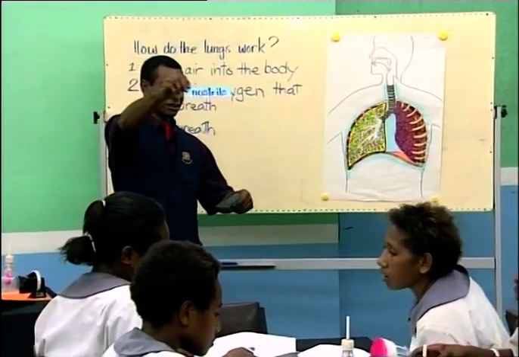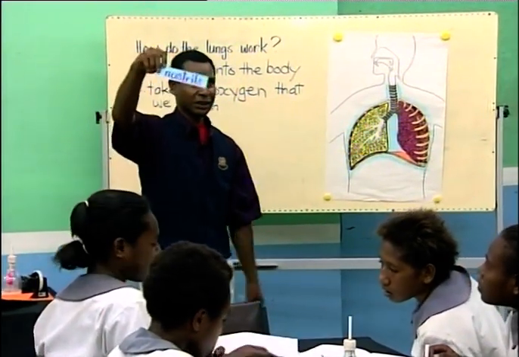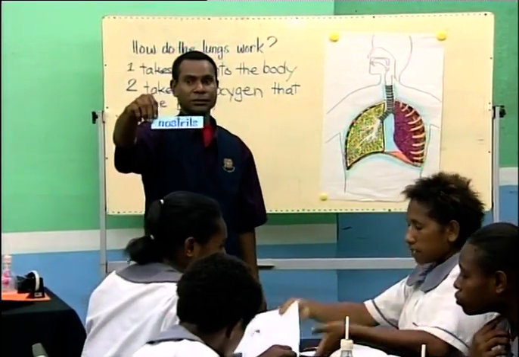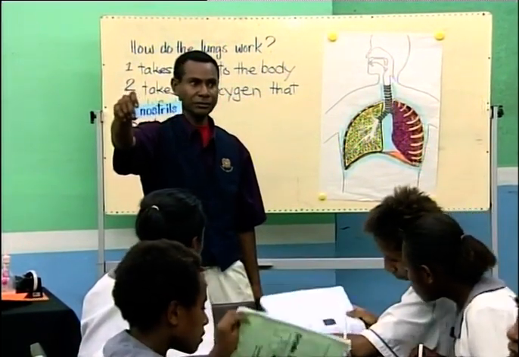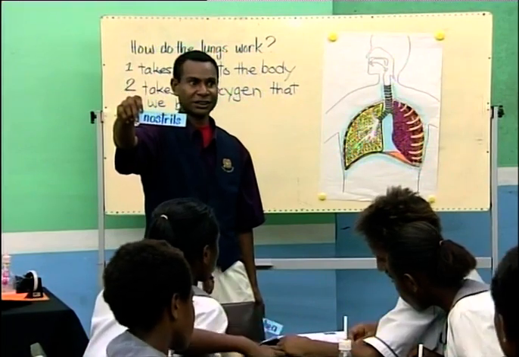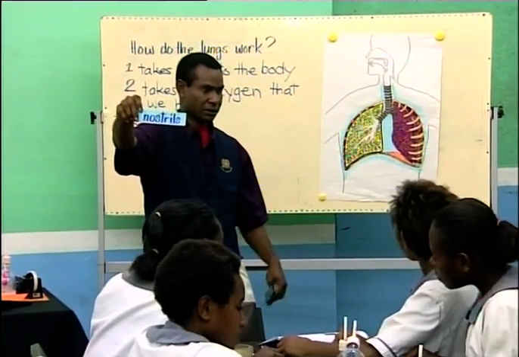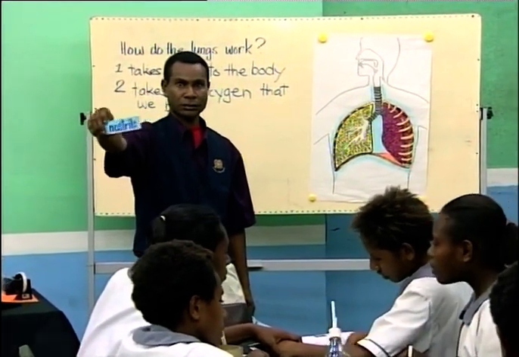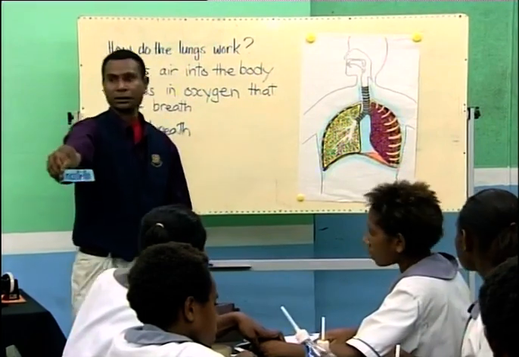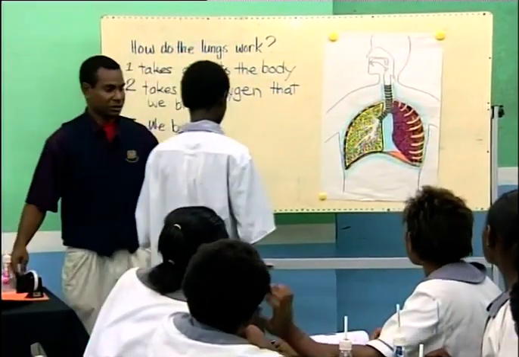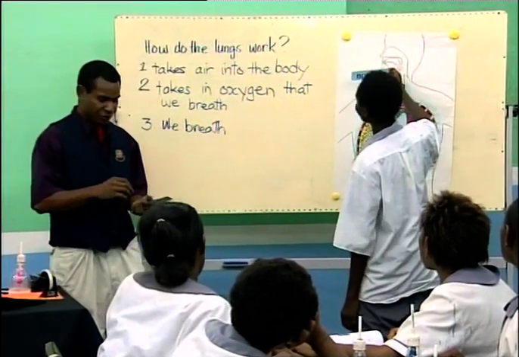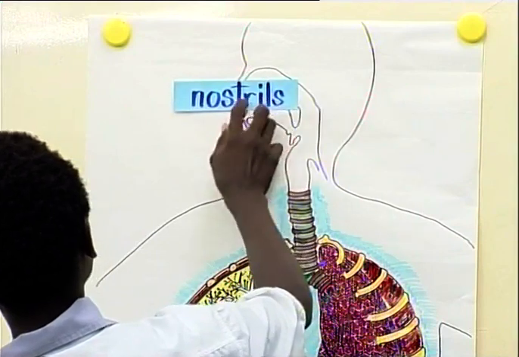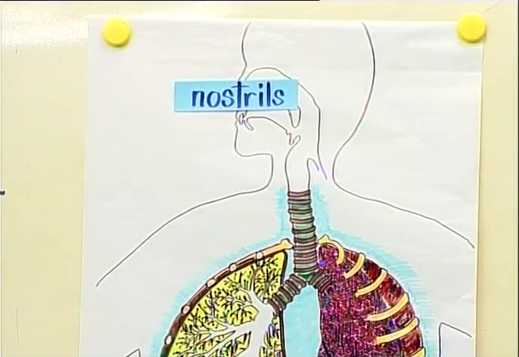Next. Ruth is still thinking. Shannon, thank you, Shannon. Joshua next. Nostrils. Which part do you think is there?